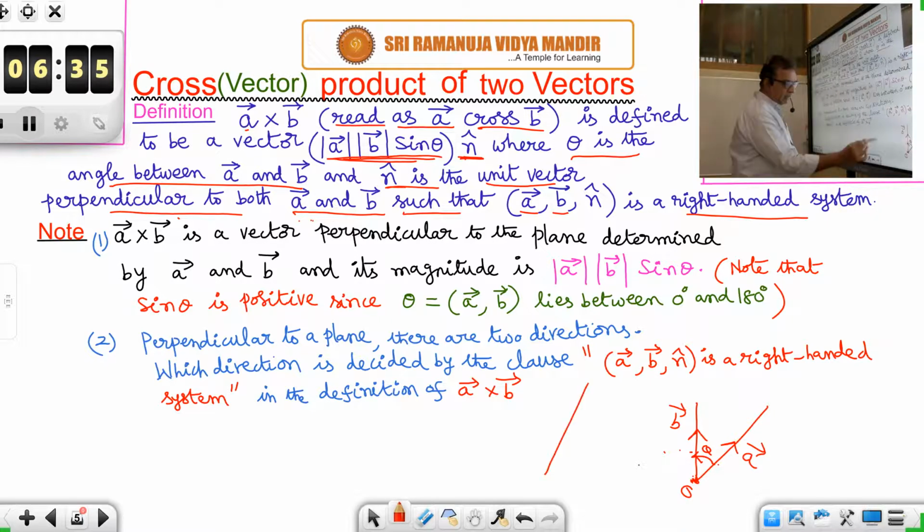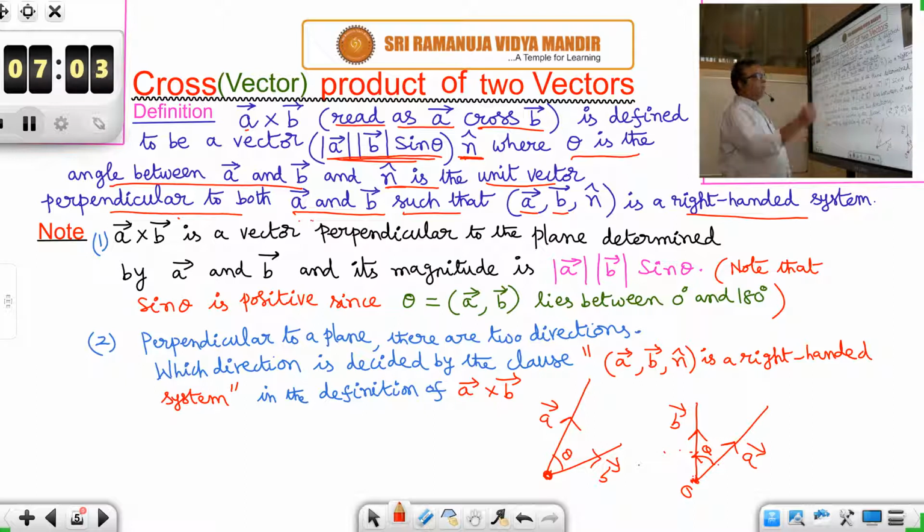Suppose A bar is like this and B bar is like this. This is theta, which is less than 180. So first vector to second vector, if you fold your right hand fingers now, then the thumb is showing that direction. So C bar must have its initial point here only, but its terminal point must be behind the board, perpendicular to the board only.